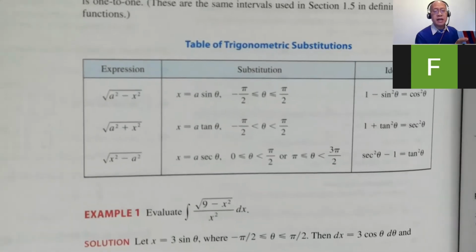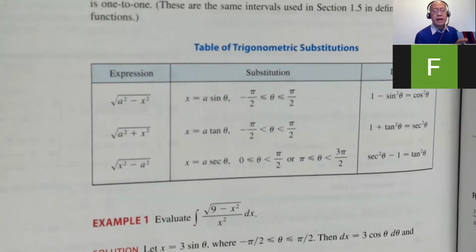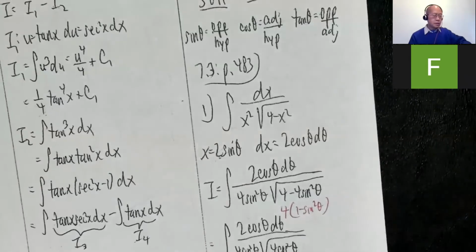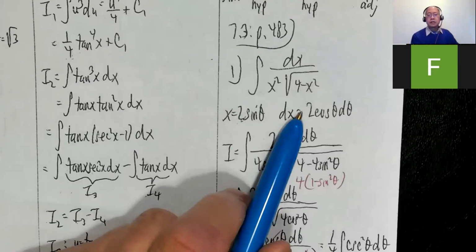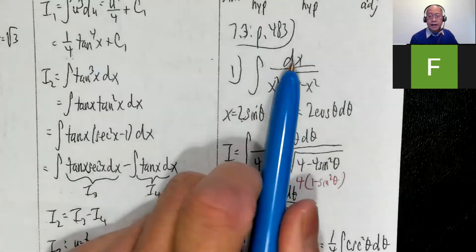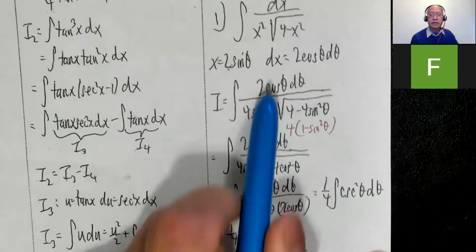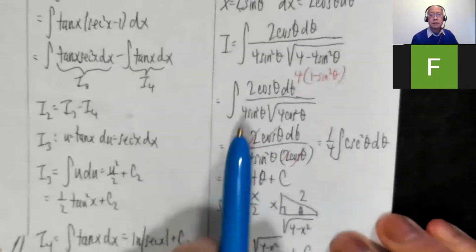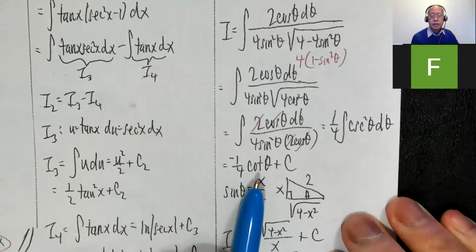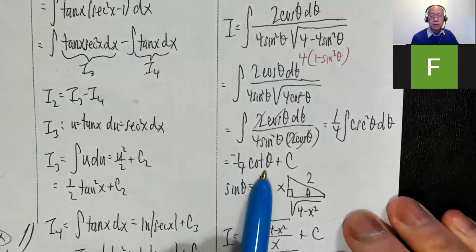X equals a sine theta, right? A squared was 4, therefore a is 2. Substitute. So dx, I write this stuff. X, I put this stuff. If you do it the right way, the square root comes out nice. Then you do the integral. Okay. I have this, but I'm not done.